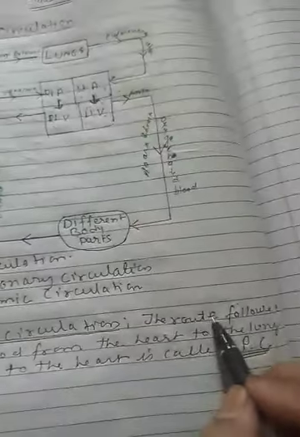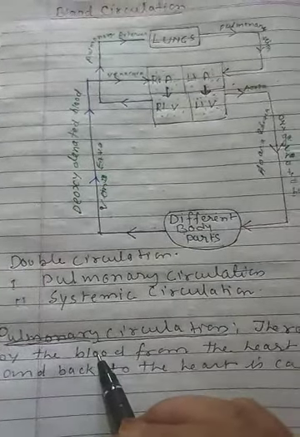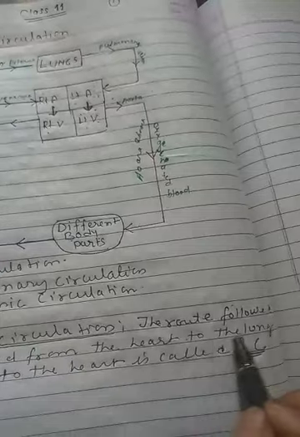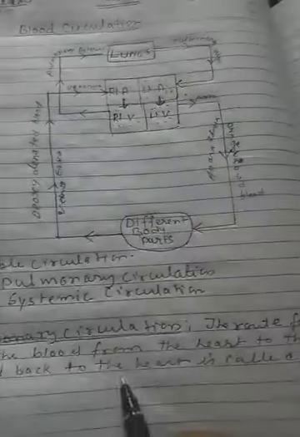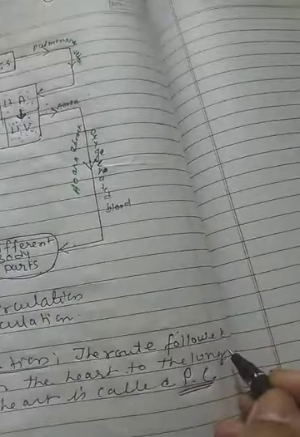Clear here? The route followed by the blood from the heart to the lungs and back to the heart is called pulmonary circulation.